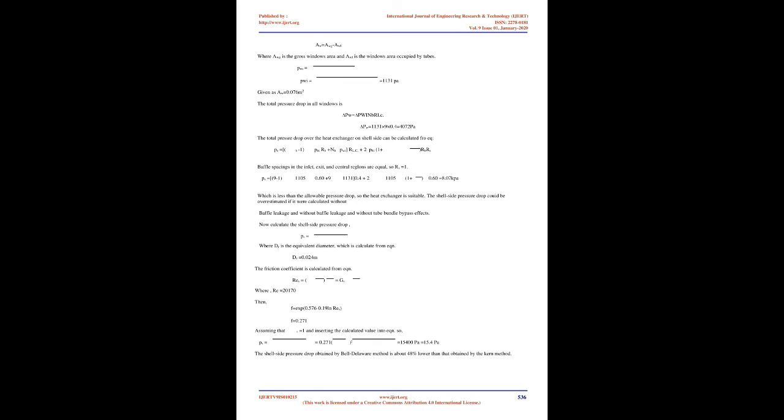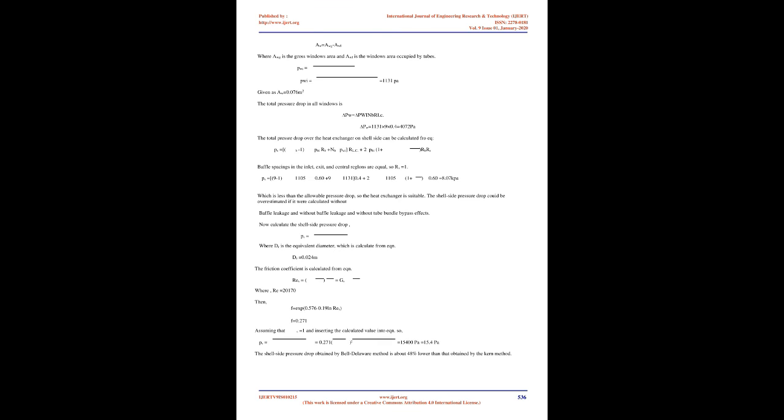To solve the problem, first estimate the number of tubes. mT equals rho times NT times A times velocity, so NT equals 4 mT over rho pi d squared times velocity, equals 4 times 150 over 998.2 times pi times 0.016 squared times 2, equals 373.88.